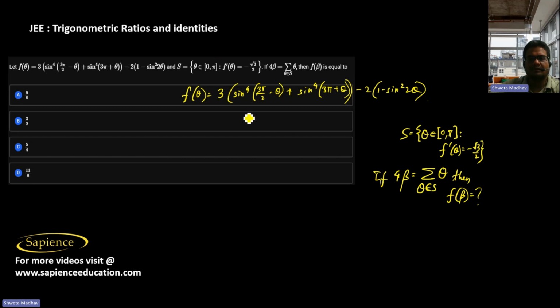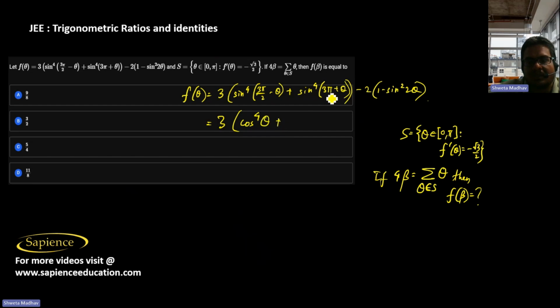Okay, so now sine of 3 pi by 2 minus theta means it is in the third quadrant, so it is negative. So it will be minus cos theta, but since power 4 is there, it will be cos power 4 theta.